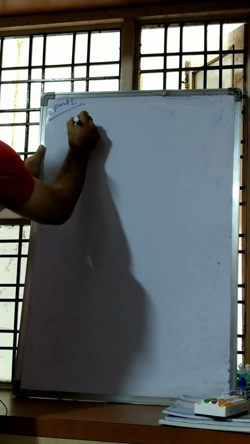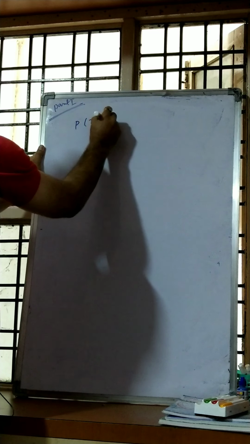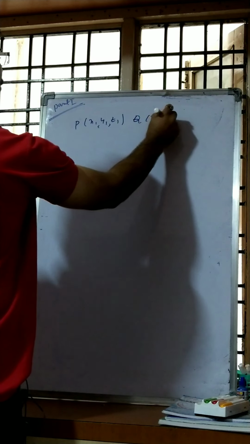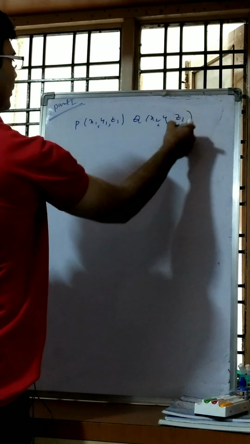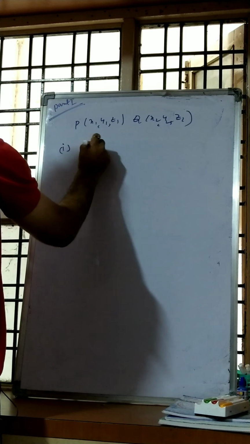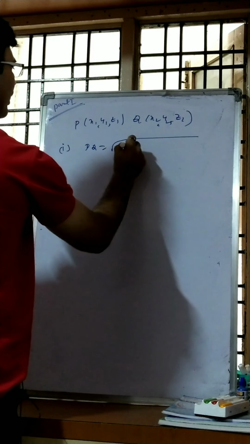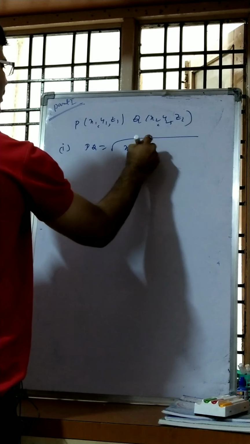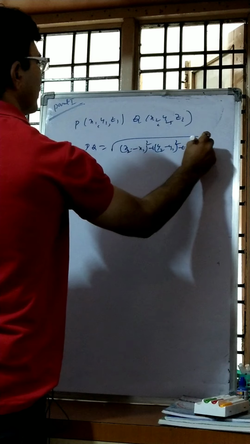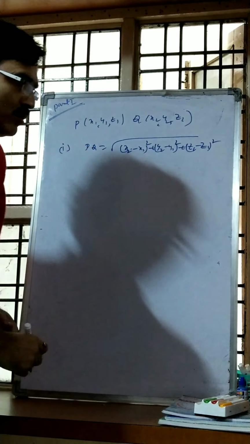Now the next one: if 2 points are given, P is x1, y1, z1 and Q is x2, y2, z2, the distance between these two we can find as the square root of x2 minus x1 whole square plus y2 minus y1 whole square plus z2 minus z1 whole square.